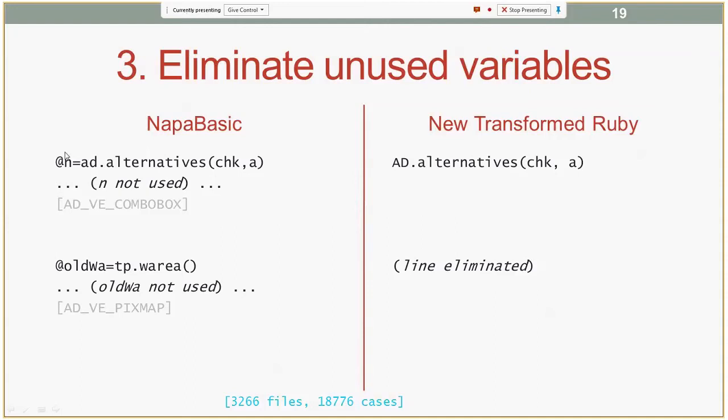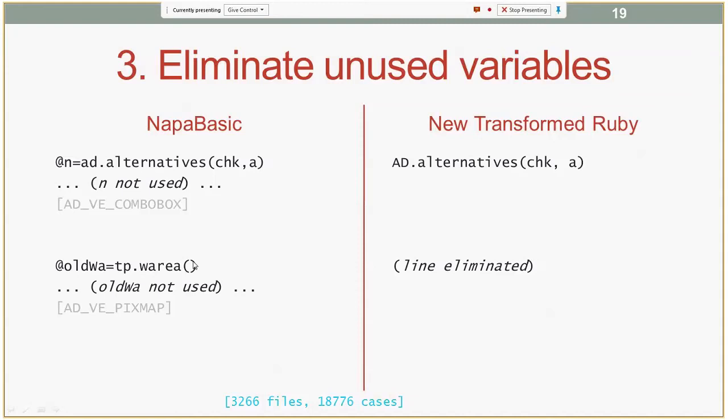So it's a very annoying habit, and in the old transformed Ruby, these assignments and the unused variables were coming as well. But now, if this n is not used anymore in the subsequent code, it will be eliminated. And if we have several statements like this in a row, then recursively they will all be eliminated, because the last one will be eliminated first and then progressively all the others.